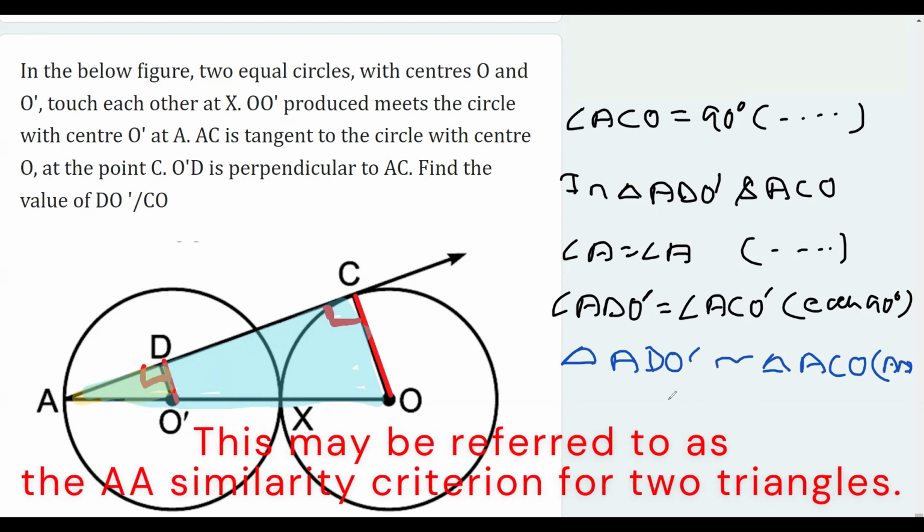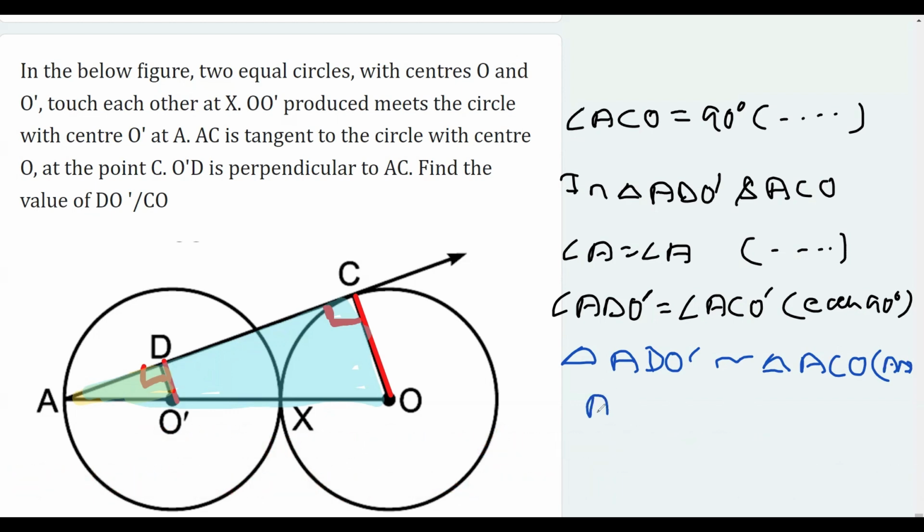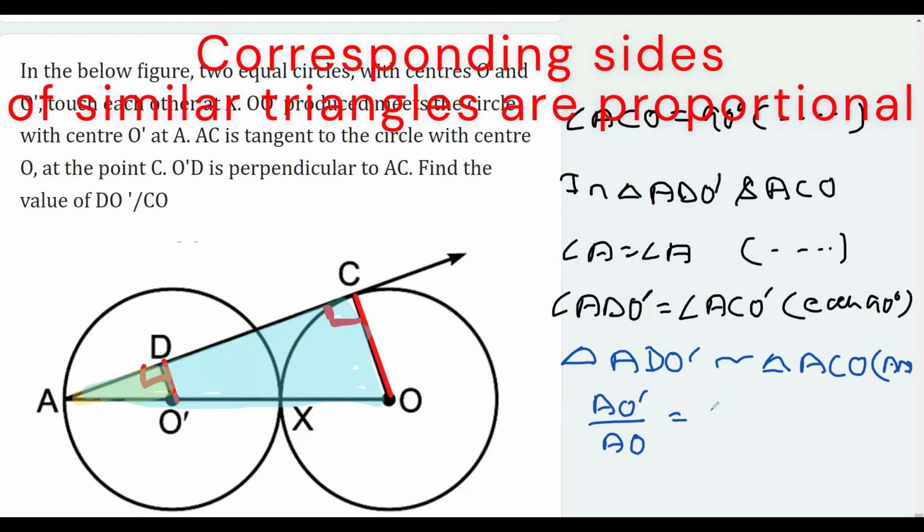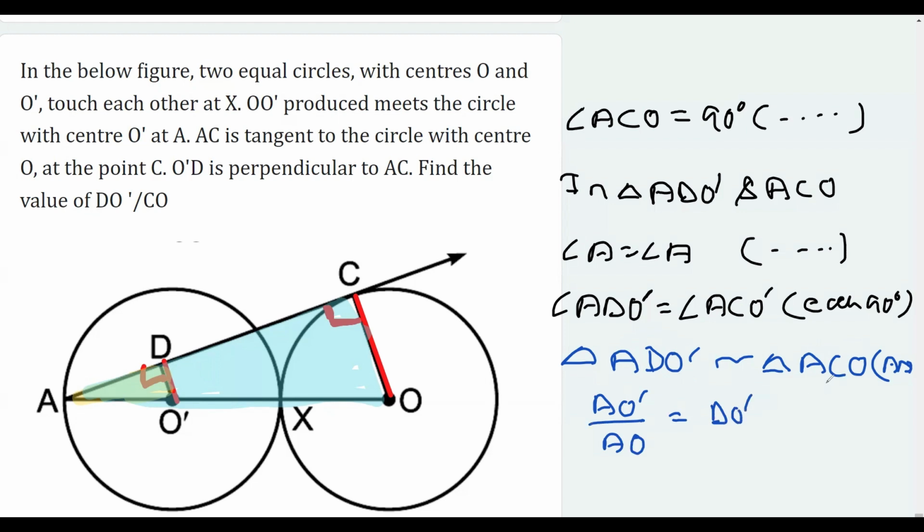As you know that when two triangles are similar, their sides are proportional. So I'll be writing their sides. We don't need AD, so let's ignore AD. I can say that AO dash, the corresponding side, over AO should be equal to DO dash over CO. Now, what you have to observe is that these two circles are equal, so their radii must be equal.